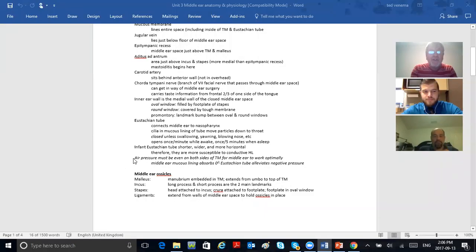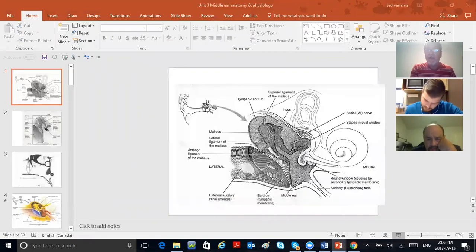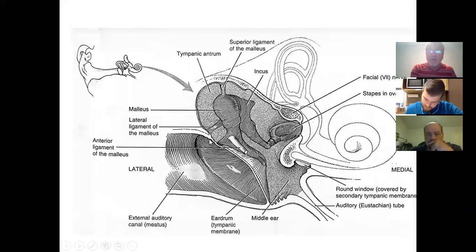All righty. Here's another very important thing to keep in mind. These two italicized sentences: air pressure has to be even Steven on both sides of the drum for the middle ear to work properly. Here's what I mean. Room air pressure here has to be matched with regular room air pressure there.